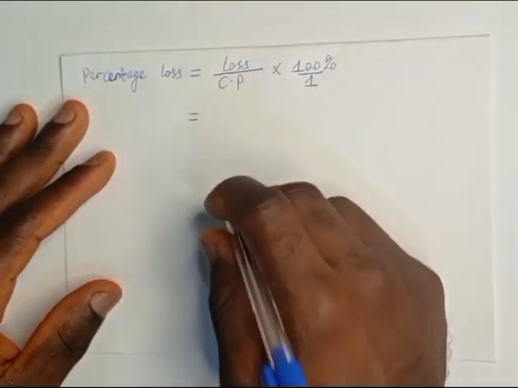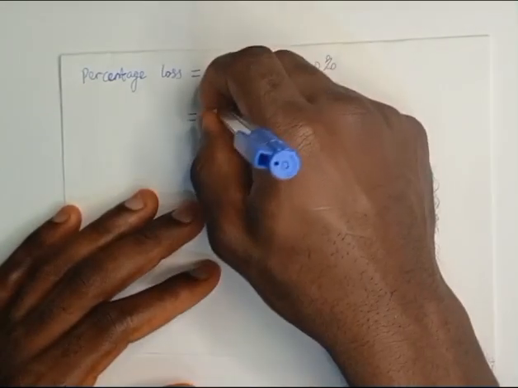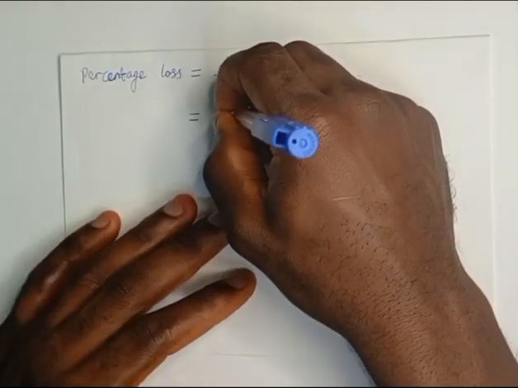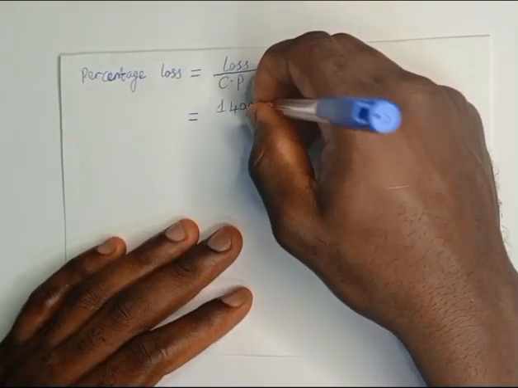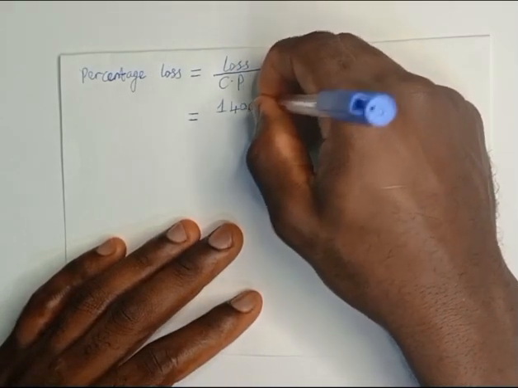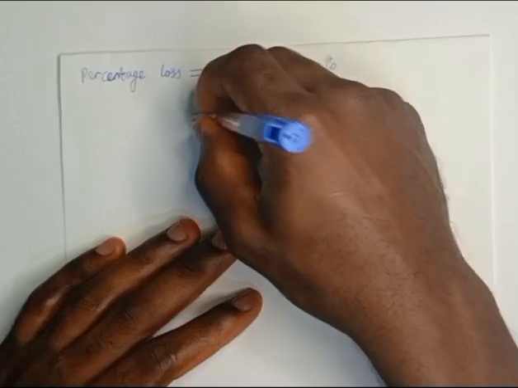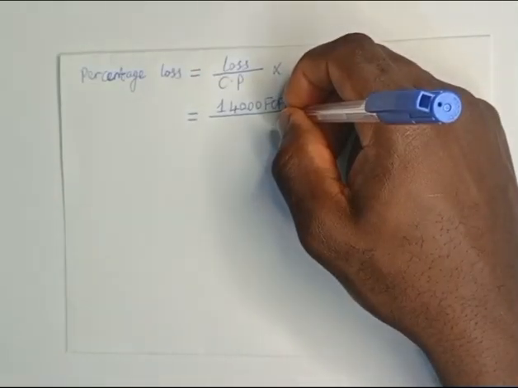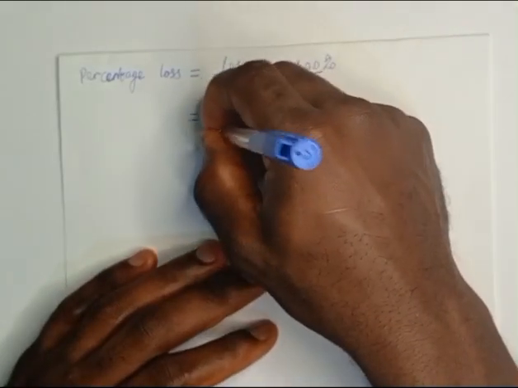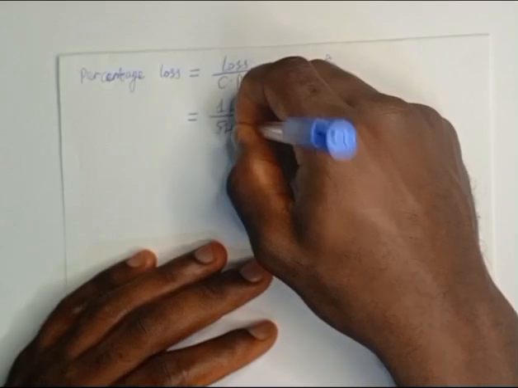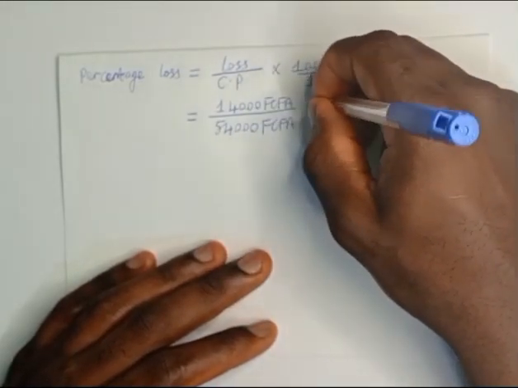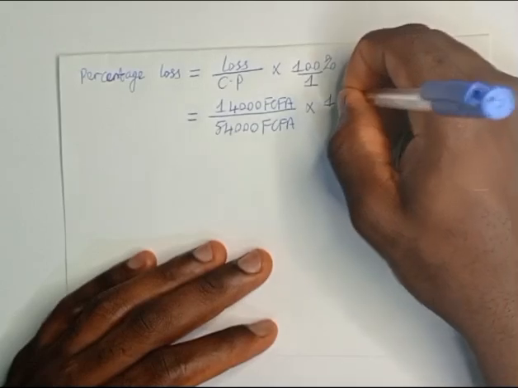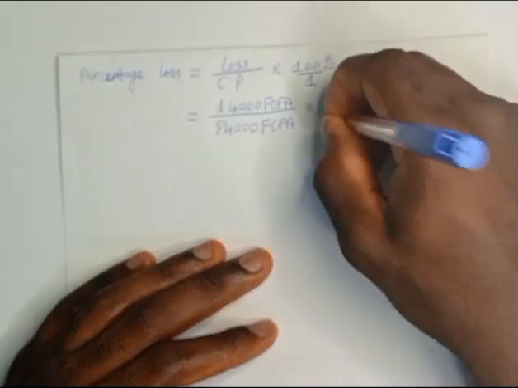This will simply be equal to loss, which is 14,000 francs CFA all over the cost price, which is 54,000 francs CFA times 100% over 1.